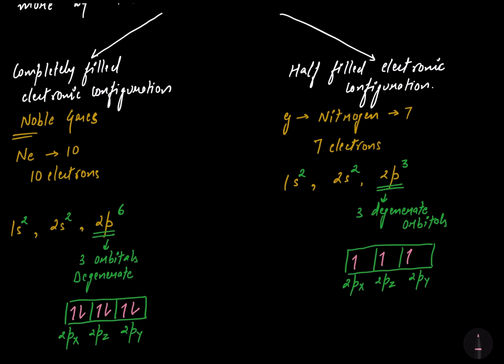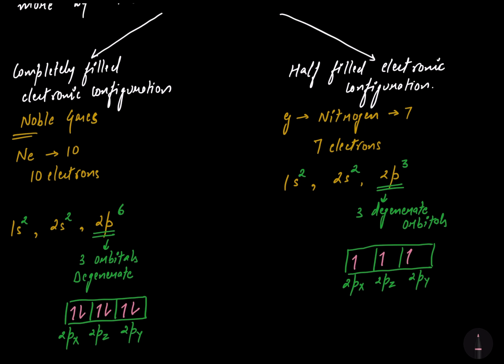That's why the half-filled electronic configurations are stable. So I hope you got the reason that the 3 electrons are in different orbitals of 2p subshell. So that's why it's a half-filled configuration and it's a stable one.